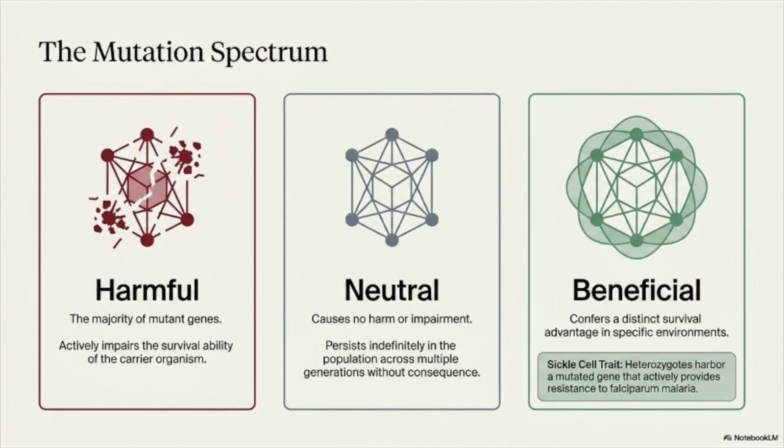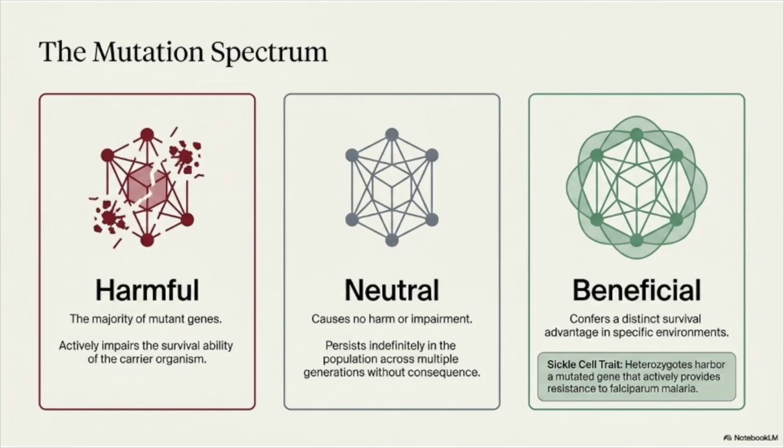Mutations themselves fall on a spectrum. Harmful mutations make up the majority of mutant genes and actively impair the survival ability of the carrier organism. Neutral mutations cause no harm or impairment and persist indefinitely in the population across multiple generations without consequence.